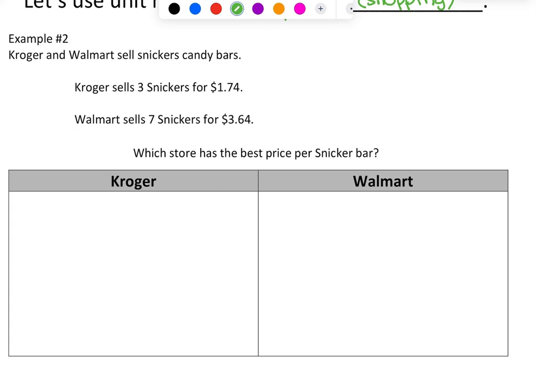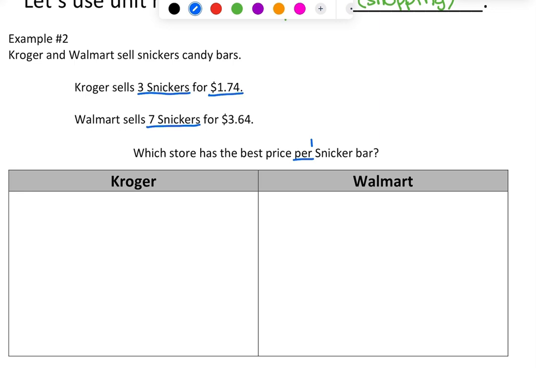So we want to know which store has the best price per Snicker bar. So per Snicker bar means per one. So Kroger sells 3 and Walmart sells 7. So I can't tell who has the better buy because I'm not comparing the same amount. So what we need to do is we need to find just the price for one Snicker bar from each store. So right now, I can't tell anything.